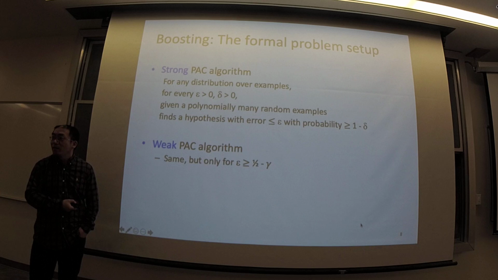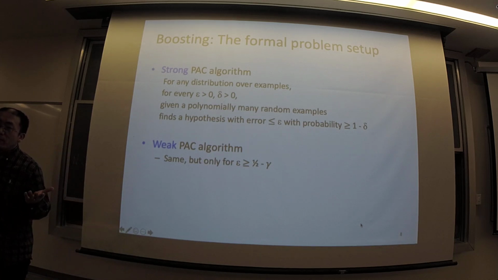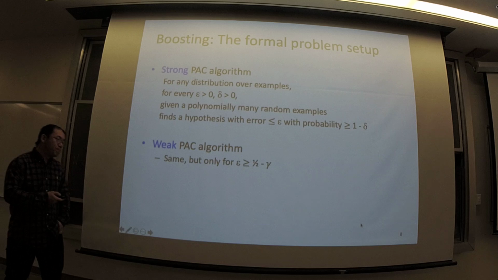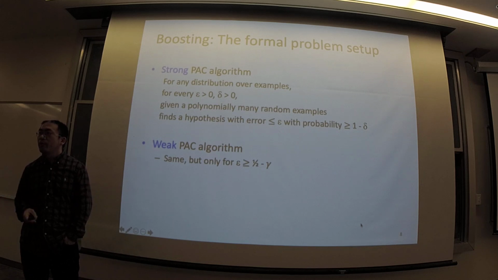That's not good, right? So a random classifier is 0.5. You randomly toss a coin, and if it's head, I predict positive, otherwise negative. You can expect the performance is 0.5. And the weak PAC algorithm says that, okay, I'm just slightly better than tossing a coin. Probably 0.4, 0.45.